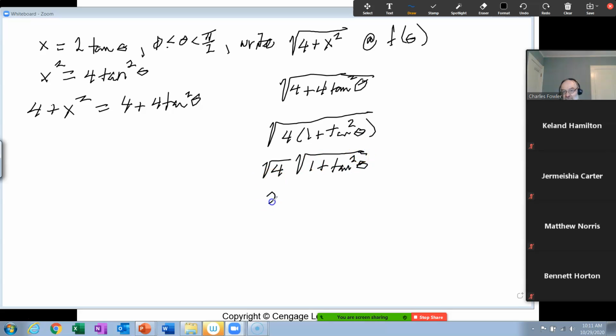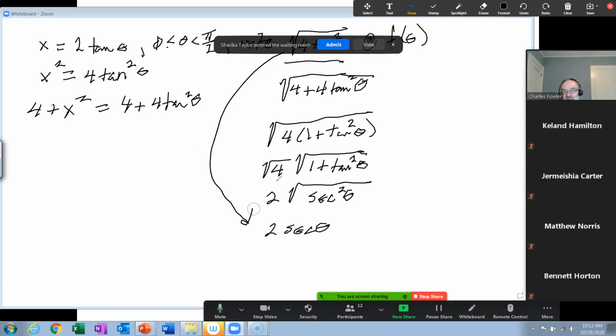Well, the square root of 4 is 2. It's the principal square root, positive, and that's probably one reason they didn't do anything negative here on theta, perhaps. Now what is this? One plus tangent squared is secant squared. Well, the square root of a secant squared is secant. So with this substitution, this expression becomes a function of theta.